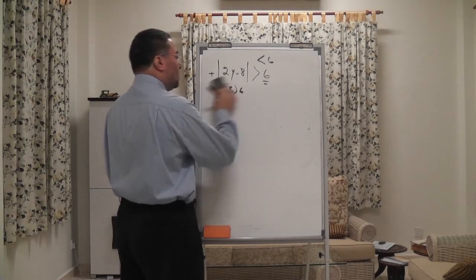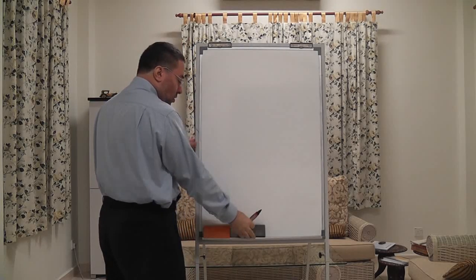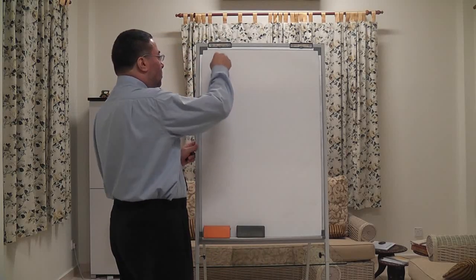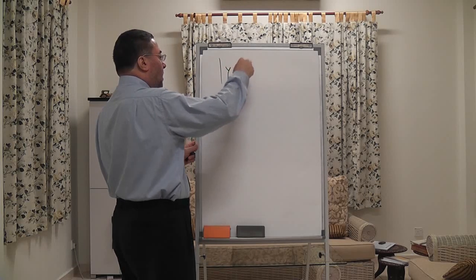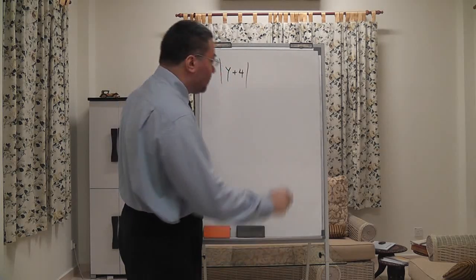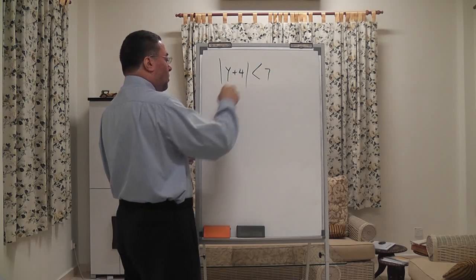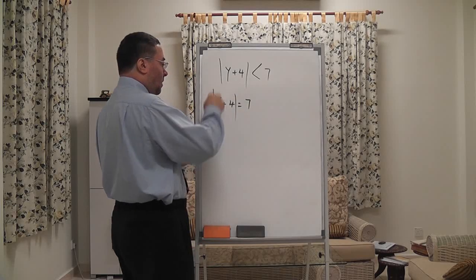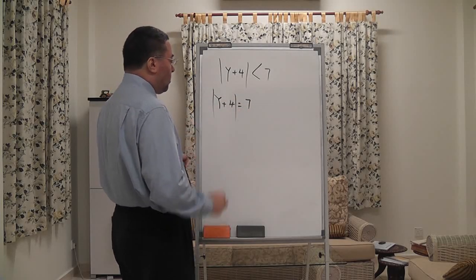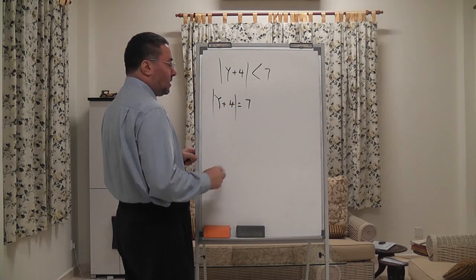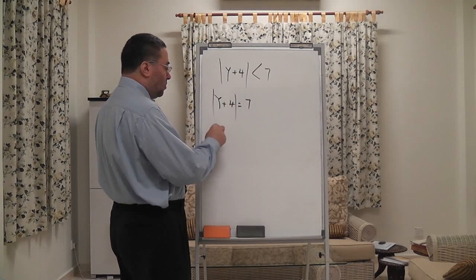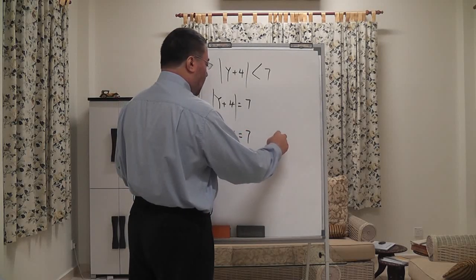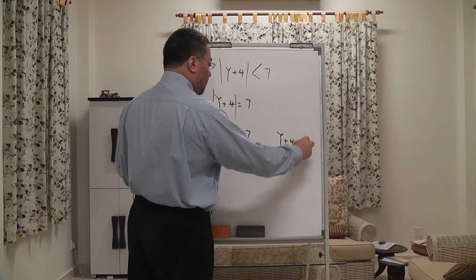Now let's do another example which we talked about earlier, number 5, absolute value of y plus 4 less than 7. We make this into an equality, and we solve absolute value of y plus 4 equals 7, and we get the roots. So y plus 4 equals 7, or y plus 4 equals minus 7.